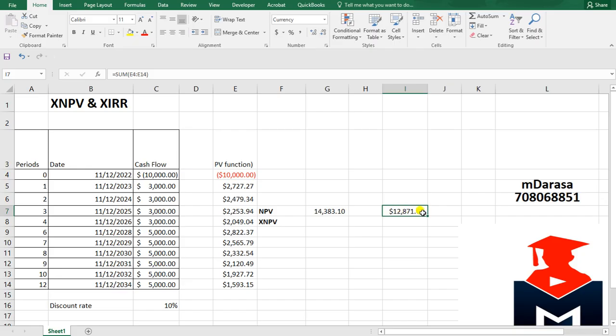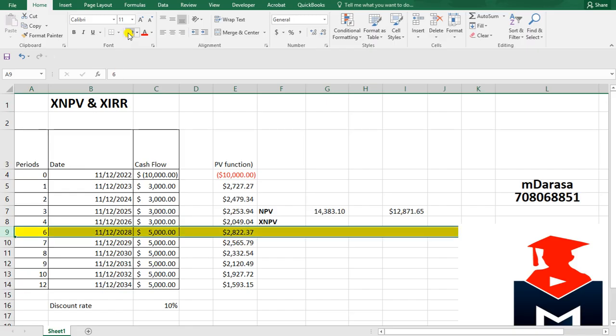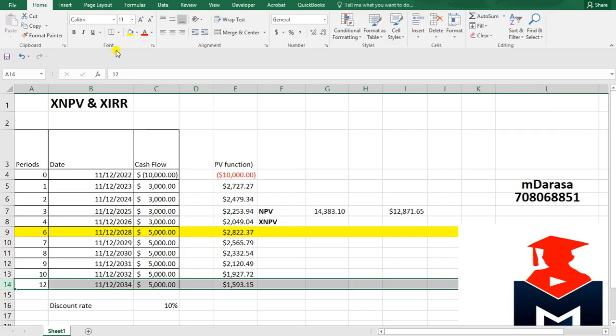We're having this difference simply because you realize that my NPV was picking these numbers. Like for period 5, in this case, like period 6, it counted it as 5. Whereas this period 12, it counted it as what? As period 10.